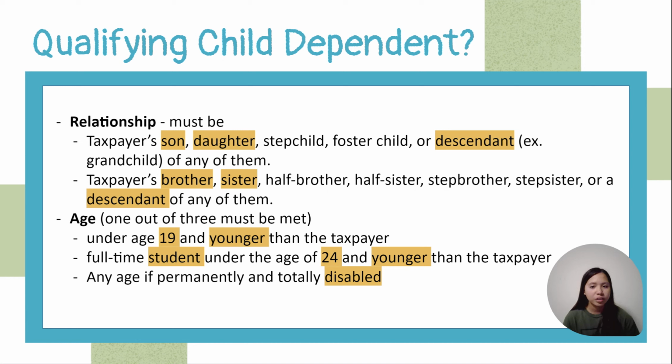Even though the daughter is not under age 19 and is not a full-time student under age 24, she's permanently and totally disabled, meaning she is able to be claimed as a dependent even if she's over both those age limits.